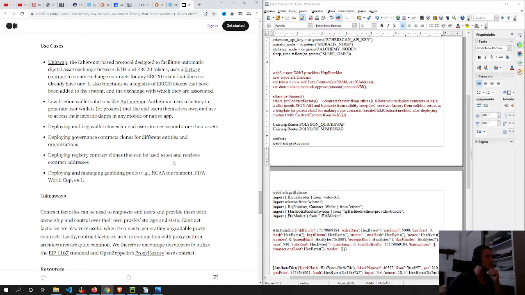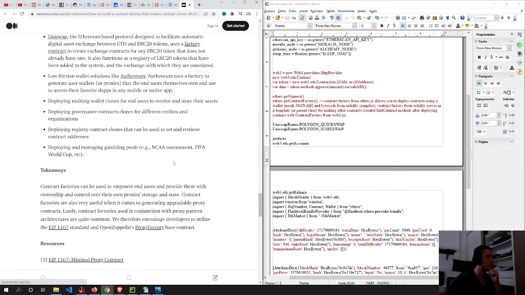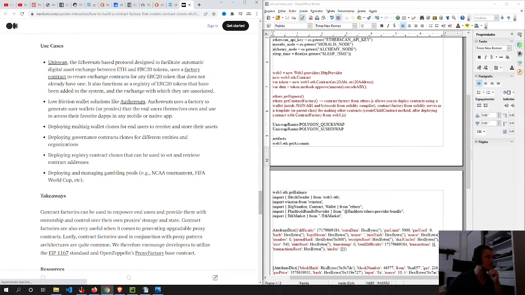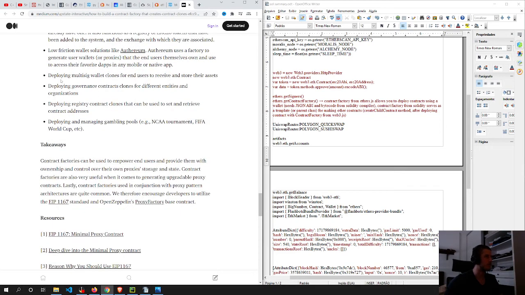It also functions as a registry of ERC20 tokens that have been added to the system and the exchange with which they are associated. Low-friction wallet solutions like Ethereum use a factory to generate user wallets, or proxies, that the end user themselves own and use to access their favorite apps in any mobile or native app.